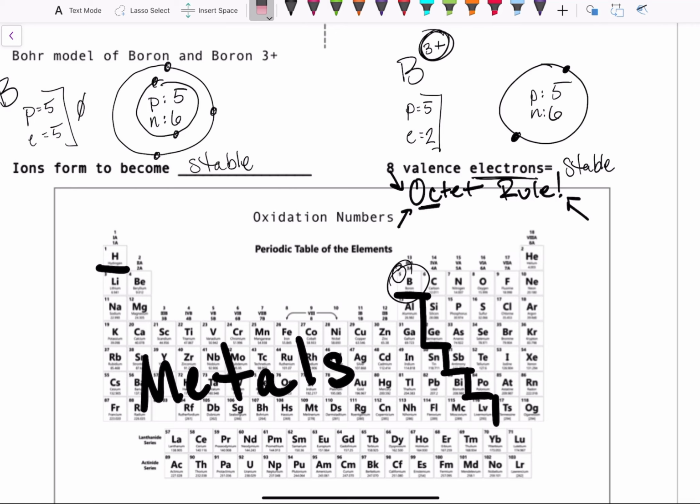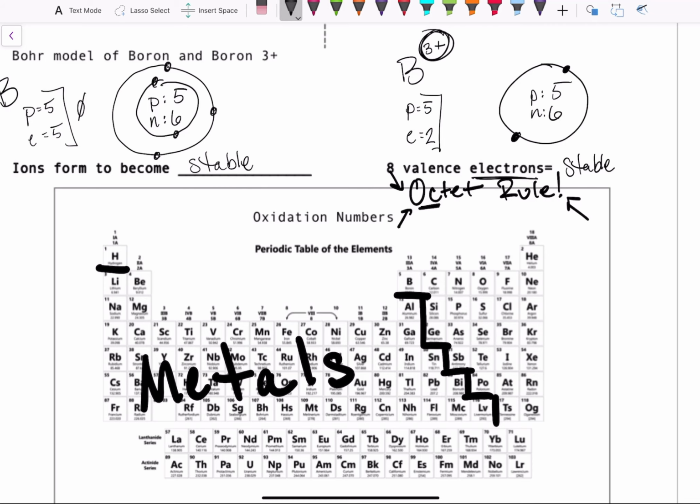So the most stable that boron can get to is to go back a few and become helium with only 2. Everything else after that will want to be like a noble gas and have 8 valence electrons. But helium is also stable, just with fewer electrons.